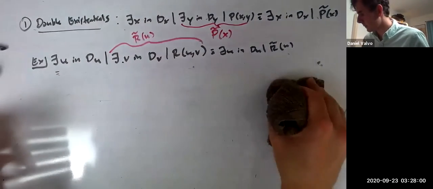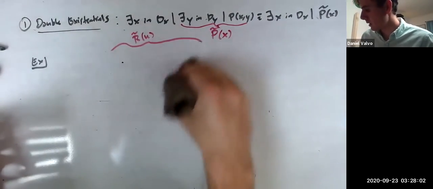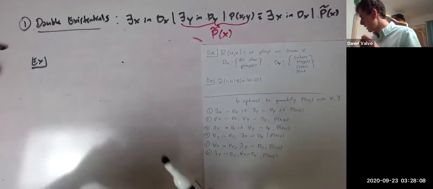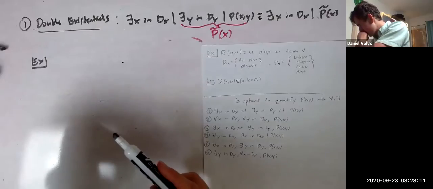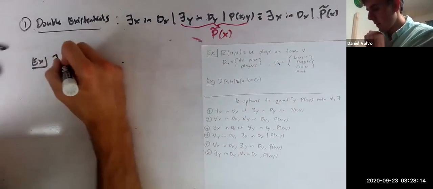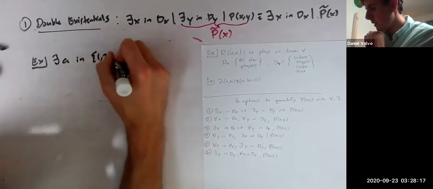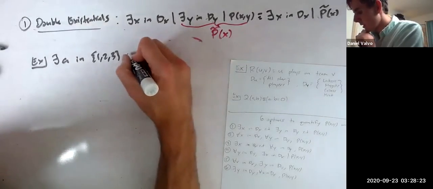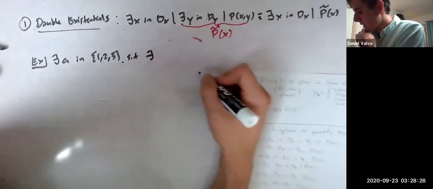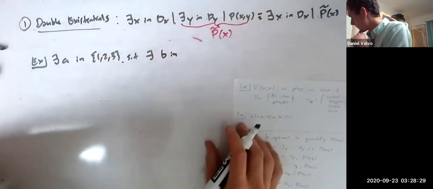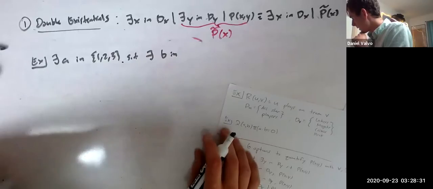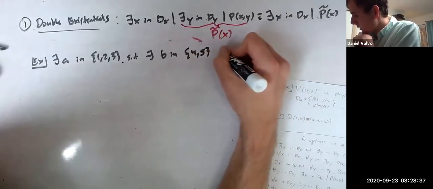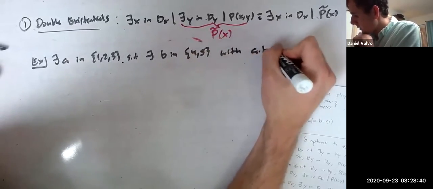Let's talk about disproving real quick. So let's say we say instead, there exists an A in 1, 2, 3, such that there exists a B in 4, 5 with A times B equals 0.